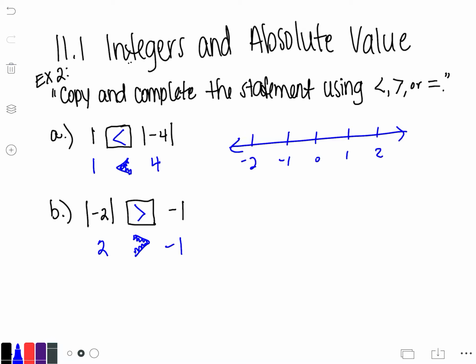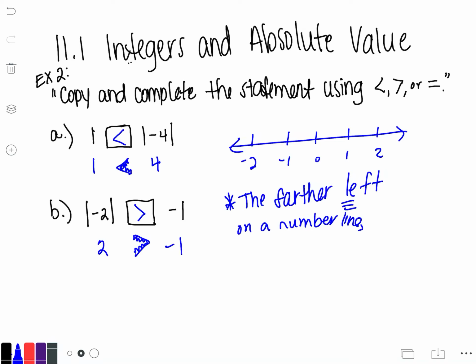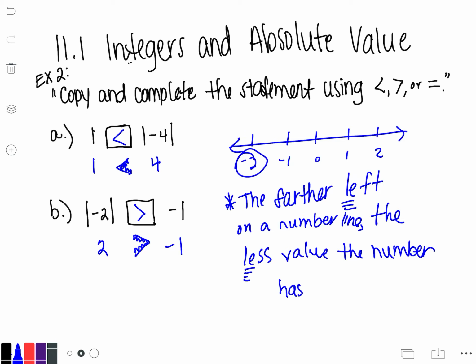And so if you're looking at a number line, the farther left, we've talked about this year too, the farther left on a number line, please write, the less, there's an L again, value the number has. So for example, on my number line, -2 is the farthest to the left, so it is the smallest number on that number line. Maybe that will help you.